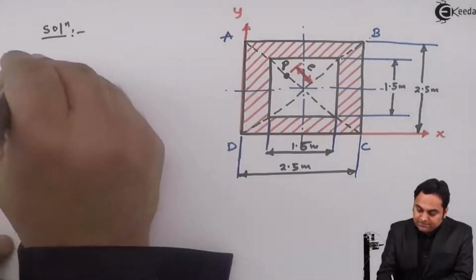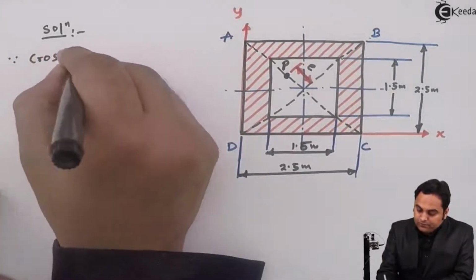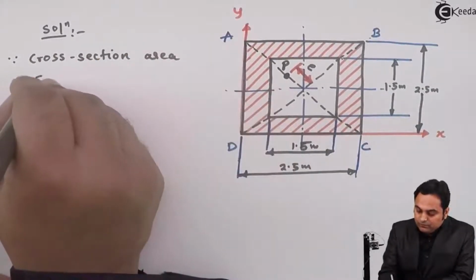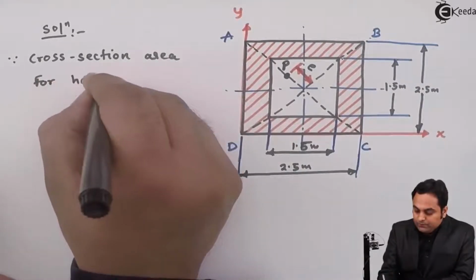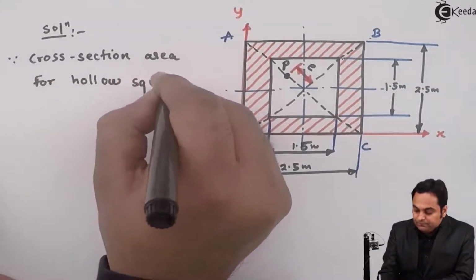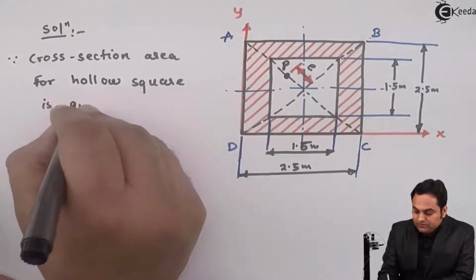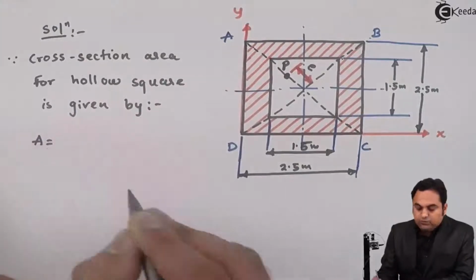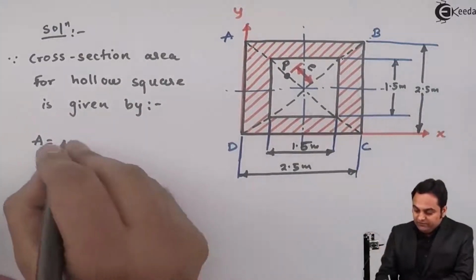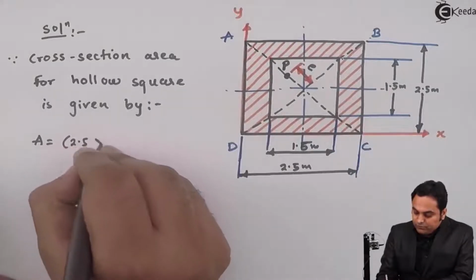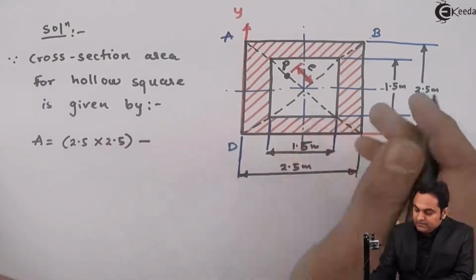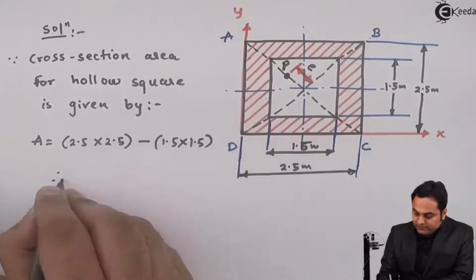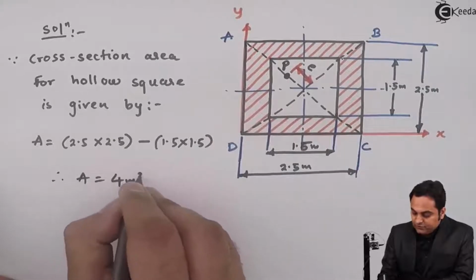So I'll say that since cross section area for hollow square is given by capital A is equal to outside square 2.5 into 2.5 minus inside square 1.5 into 1.5, that gives me the answer as 4 meters square.